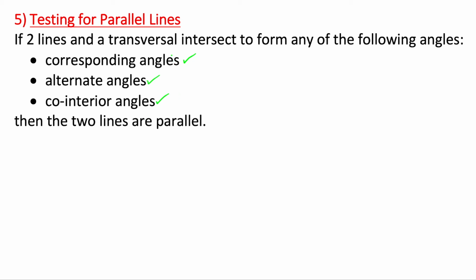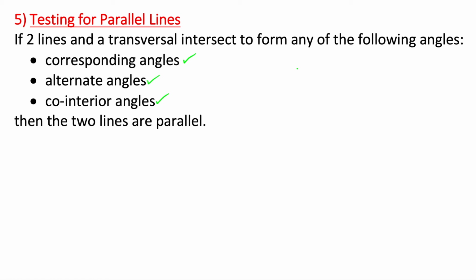So that's why what we have been learning is very useful, because it helps us to prove if two lines are going to be parallel. Because sometimes lines can look parallel, but if we extend them to infinity, then they eventually will intersect.